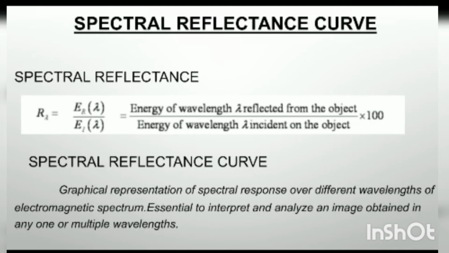The curve is drawn with reflectance on the y-axis and wavelength in micrometers on the x-axis. By analyzing the spectral reflectance curve, we can easily understand the materials of the earth surface.